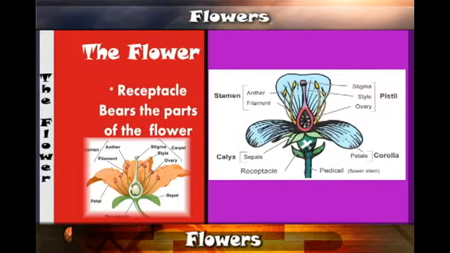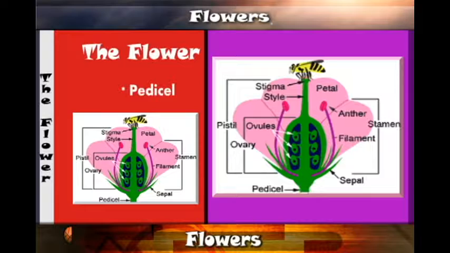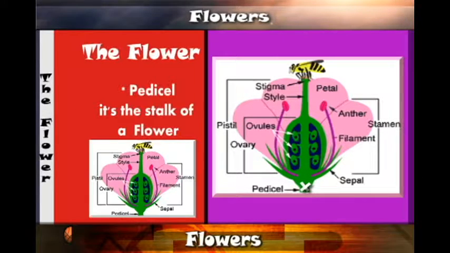It is in fact the general structure in which the floral parts are borne. Then we have the pedicel, and this is the attachment of the flower to the stem. It's the one that connects the flower to the stem, and it is responsible also for the transportation of water and food to the flower.